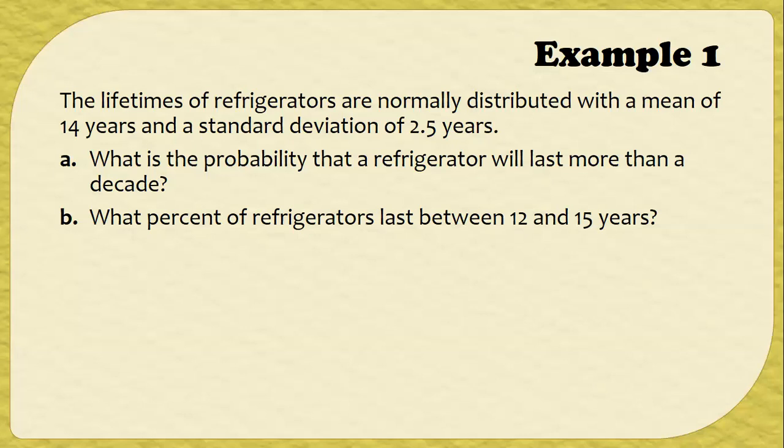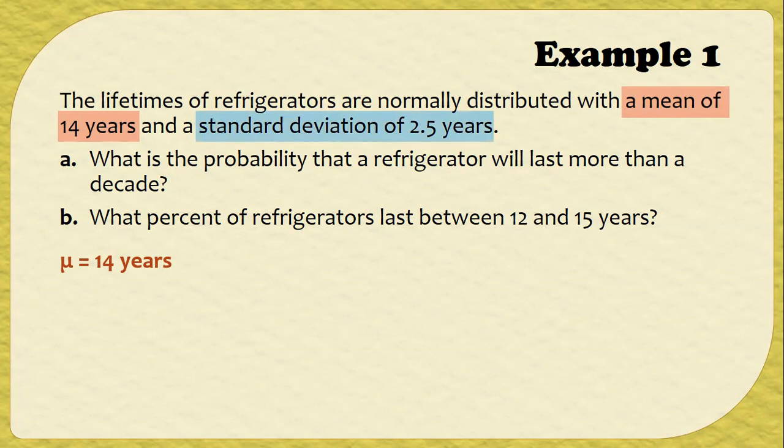So first, I noticed that they're telling us that these refrigerators have a mean of 14 years. Because this is for all refrigerators, that means this is population information. So I'm going to use mu to represent the mean, and I'm going to say that's equal to 14 years. The other piece of information from this first sentence that's going to be important is that we have a standard deviation of 2.5 years.